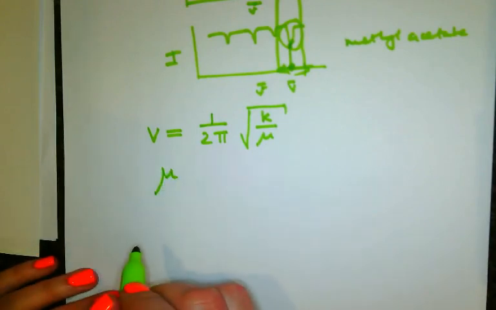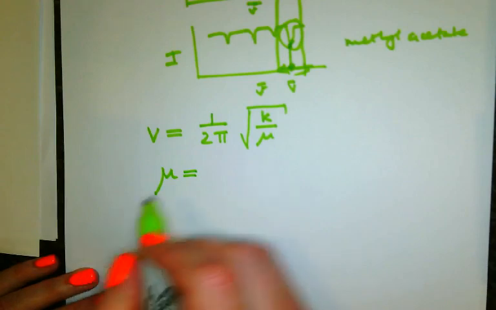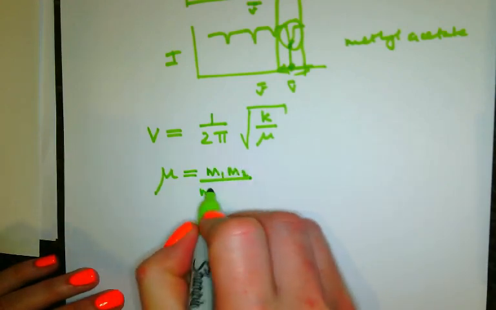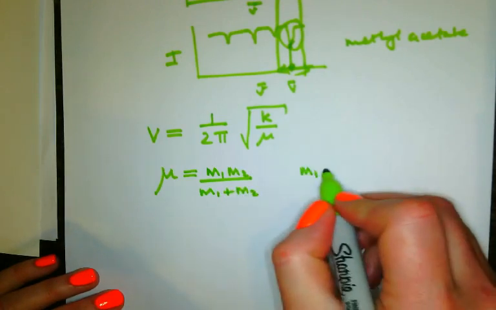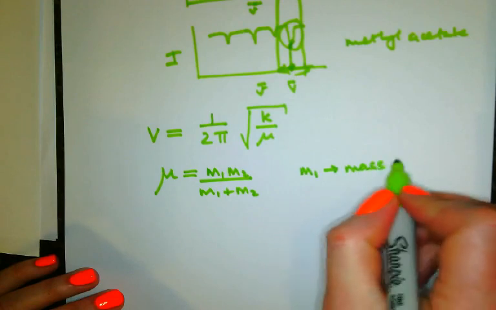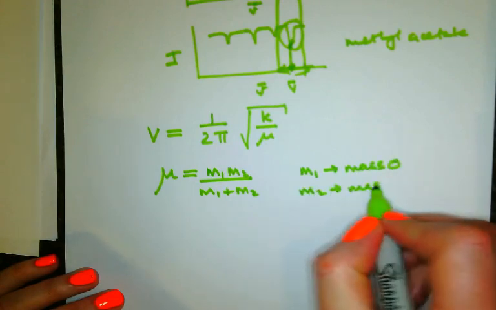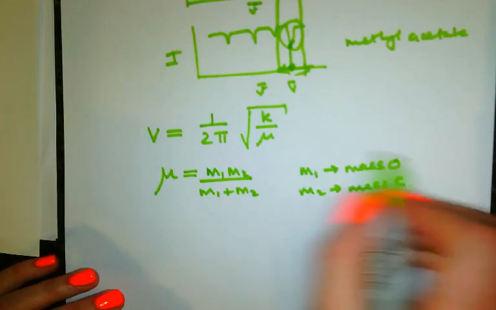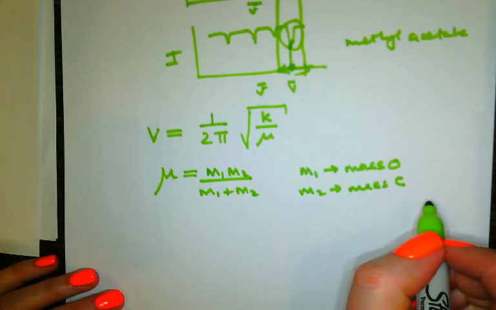That is the Greek symbol mu, which is known as the reduced mass, which you can calculate using that expression. In this case, M1 is the mass of the oxygen atom, M2 is the mass of the carbon atom in the carbonyl group. You can determine these using the amu units in the data sheet.